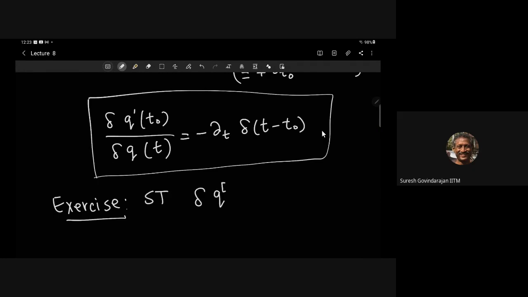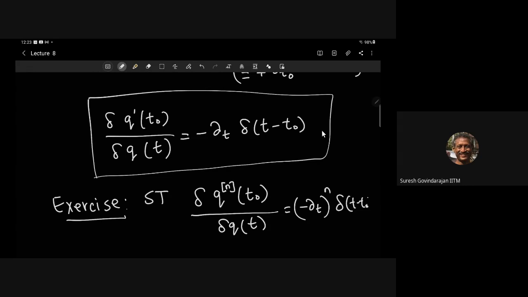So the nth derivative with respect to time evaluated at t naught, you just keep using this recursively, you get this. I'm defining a new functional whose value is the nth derivative of this function q of t. So these are two examples that I have. Again, I'll pause. Are there any questions? Comments?